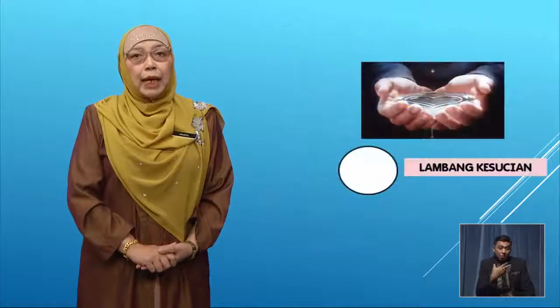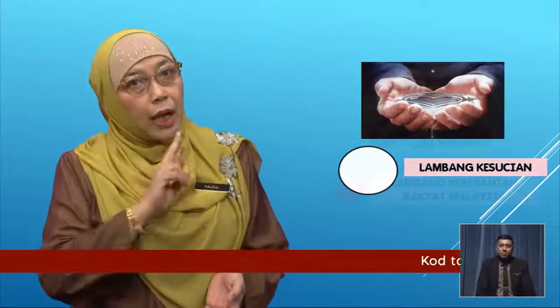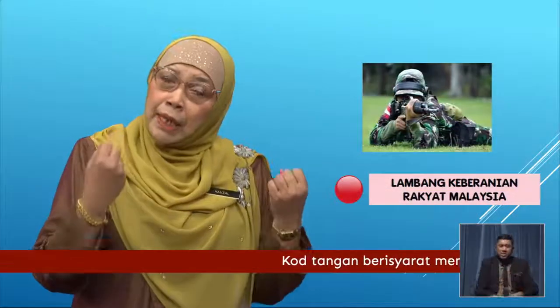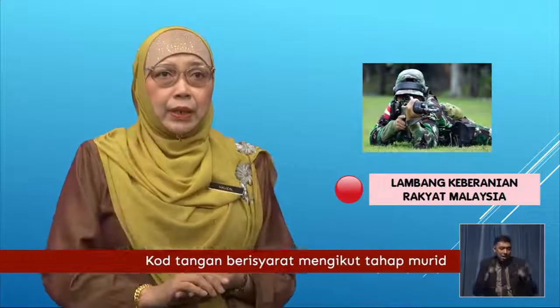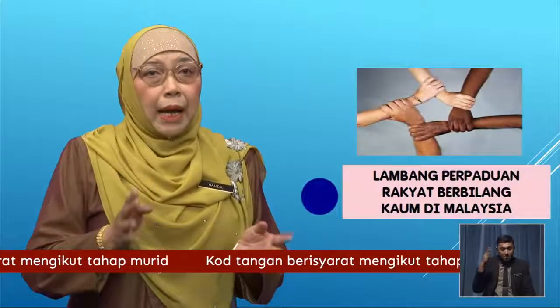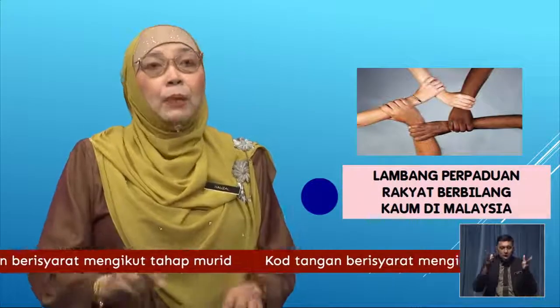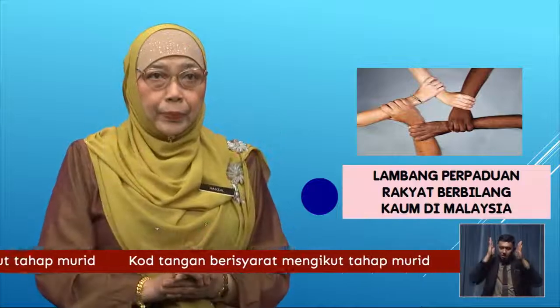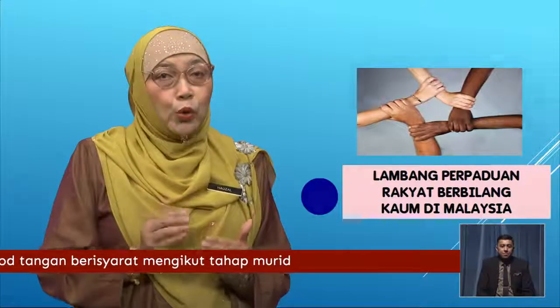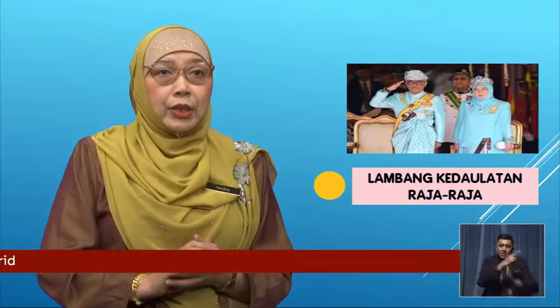Warna putih melambangkan kesucian. Warna merah melambangkan keberanian rakyat Malaysia. Warna biru melambangkan perpaduan rakyat berbilang kaum di Malaysia. Warna kuning melambangkan kedaulatan raja-raja.